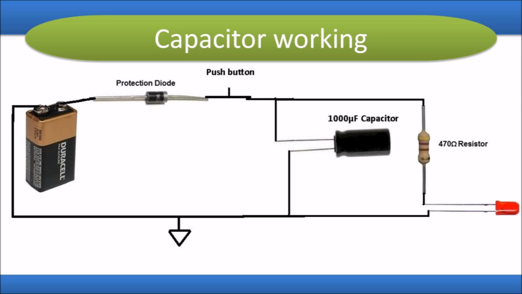Battery is used to provide power supply to charge the capacitor. After charging, capacitor work as a battery. When you remove 9 volt battery from the circuit, capacitor provide power supply to the load.